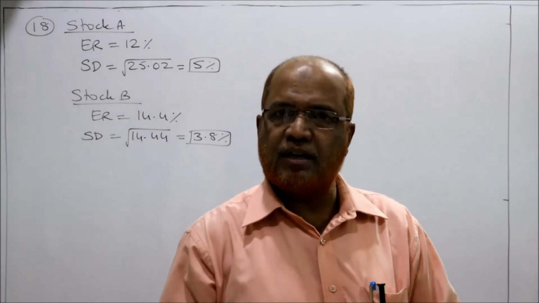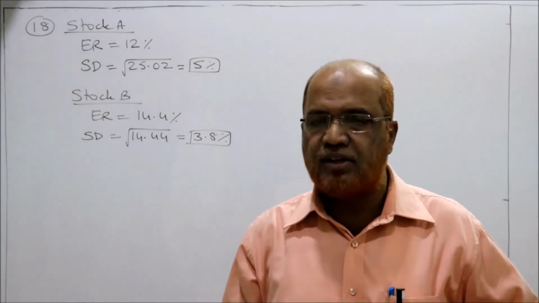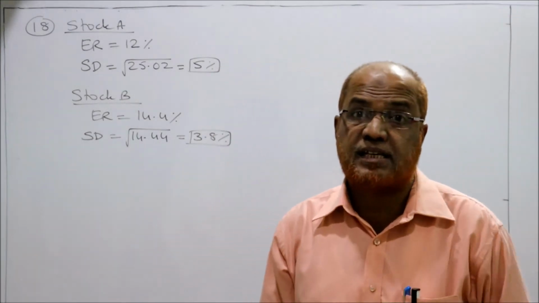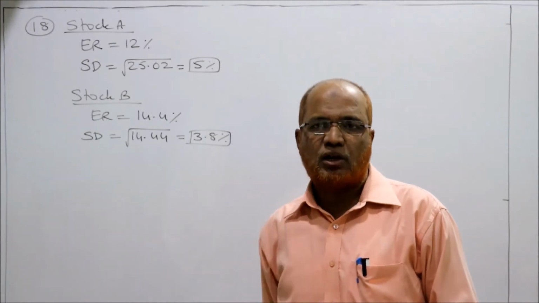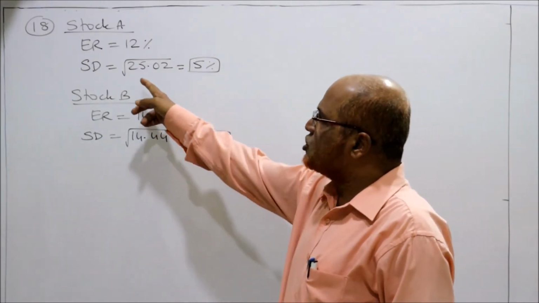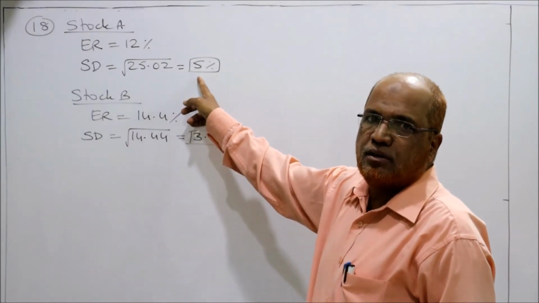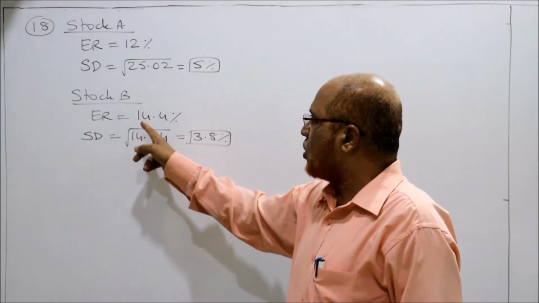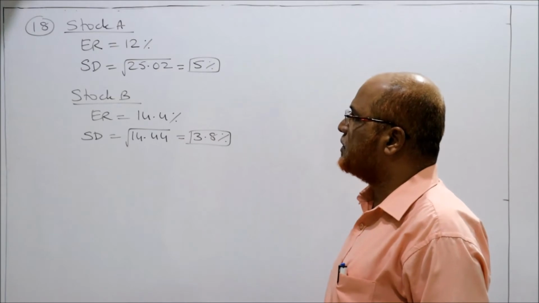Now after making these calculations, you have to decide which stock is riskier. So one conclusion you have to give by comparing the standard deviations. The standard deviation of stock A is 5%, whereas the standard deviation of stock B is 3.8%.